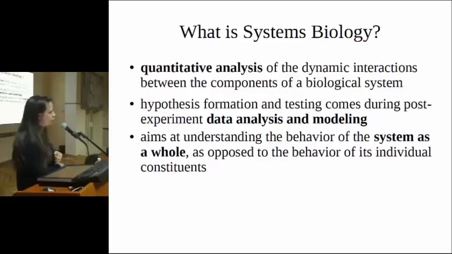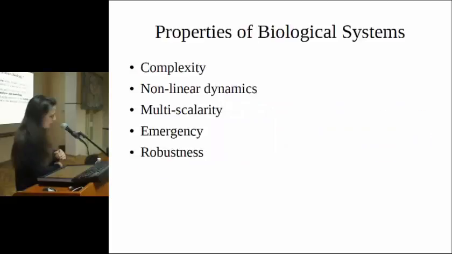whole. Systems biology studies the properties of biological systems, and some of them are really self-explanatory, but I would like you to pay attention to emergence, which is pretty interesting, because it means that when the parts of the system are combined, it leads to the creation of new properties of the system which are not present in each part separately.